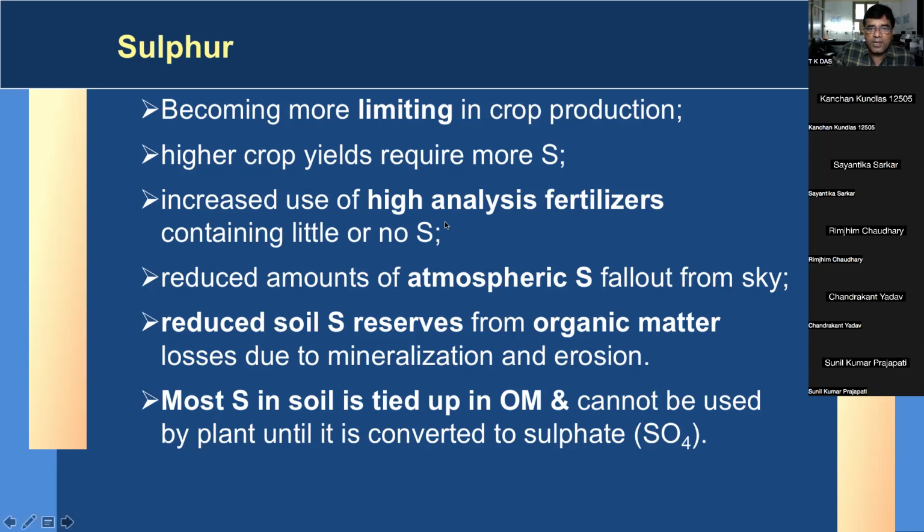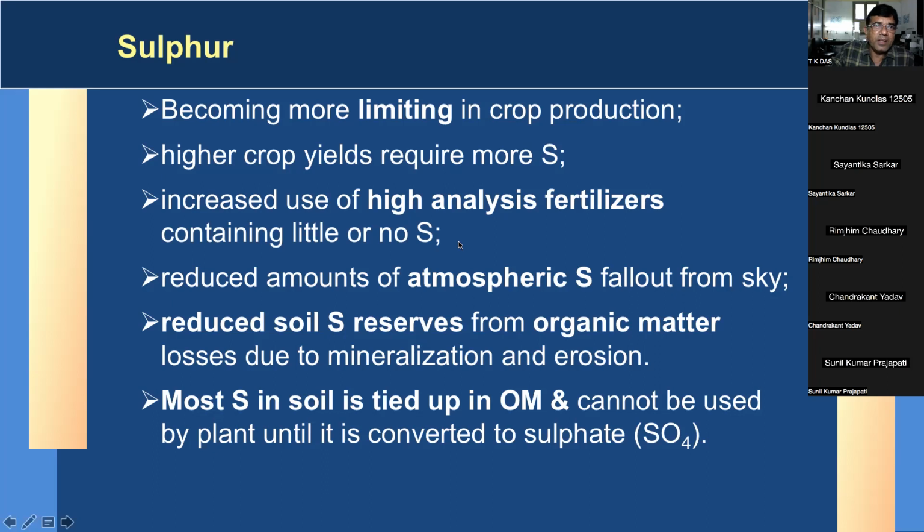Another reason is the increased use of high analysis fertilizer containing little or no sulfur. Now you see farmers are using more NPK fertilizer, more DAP, more straight fertilizers like urea or potassium chloride. But previously farmers were using more single superphosphate. Ammonium sulfate was also being used. So certain sulfur containing fertilizers were used by farmers, and their consumption has declined.